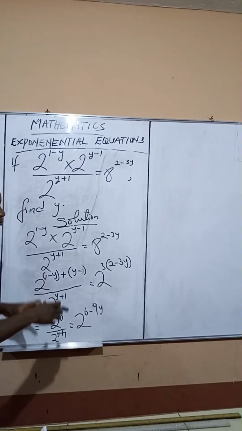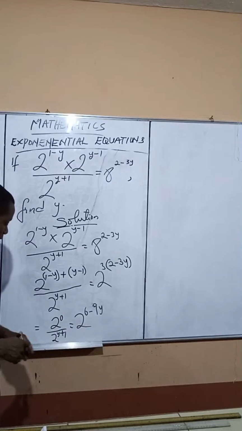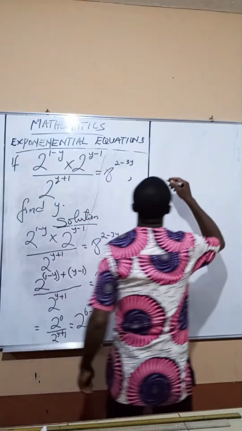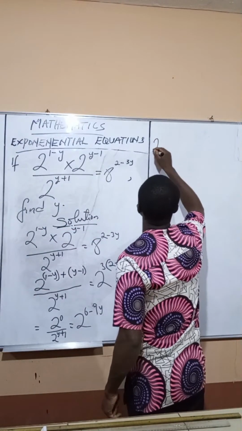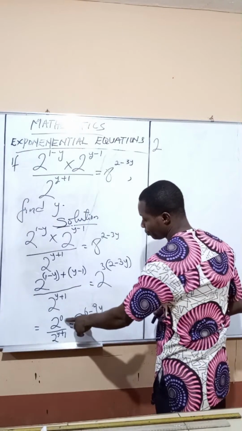So it's getting simpler and simpler. We have 2 and 2 here, and there's no point wasting our time, so we'll come here and write 2 raised to the exponent of 0.